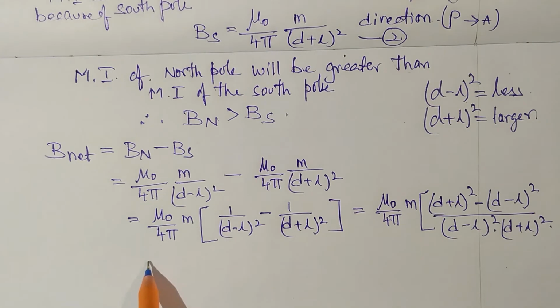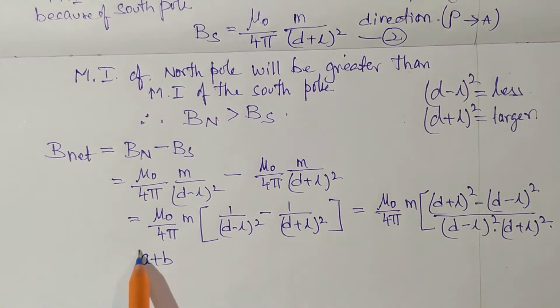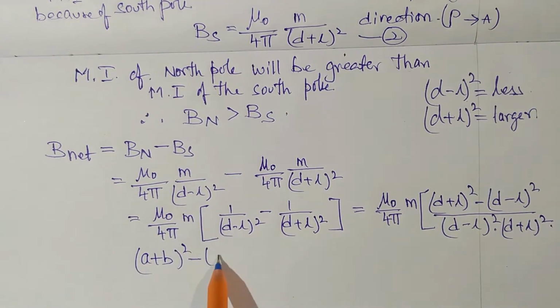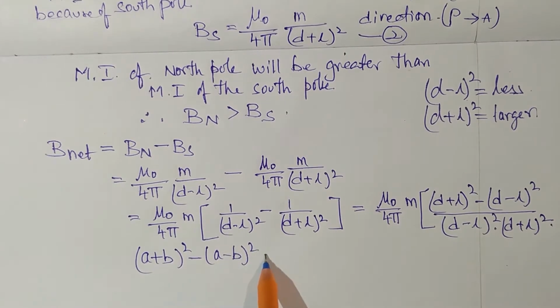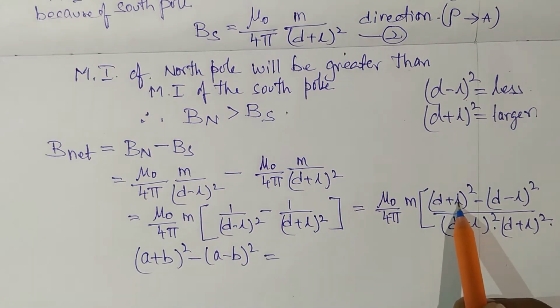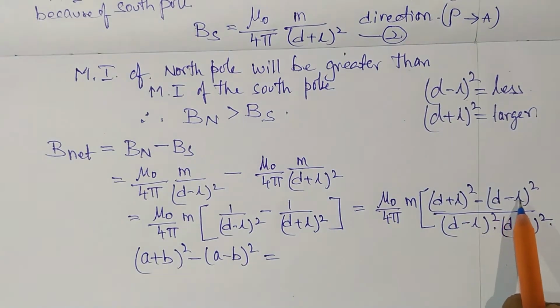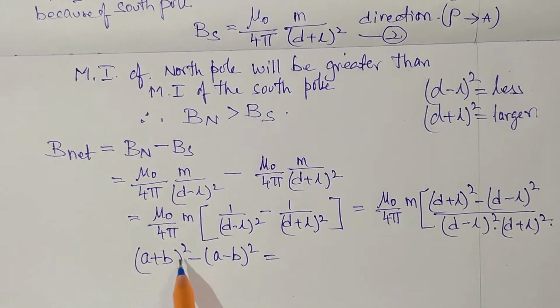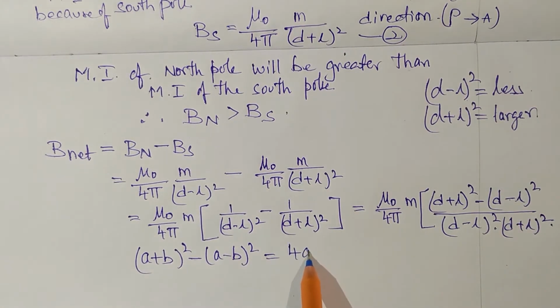In mathematics we know two formulas: (a plus b) whole square minus (a minus b) whole square. Here a square minus a square gets cancelled, b square minus b square cancels, plus 2ab, minus into minus again plus, so you will get what?